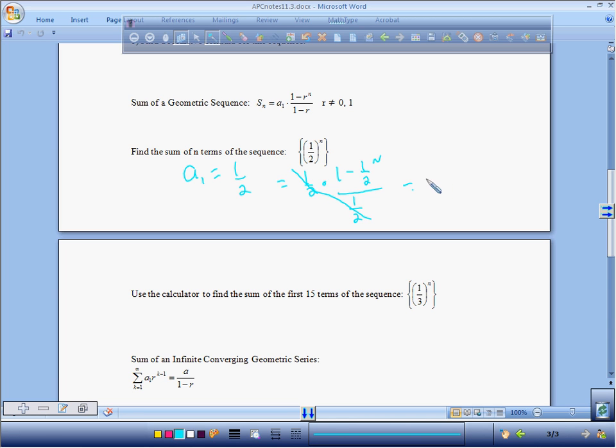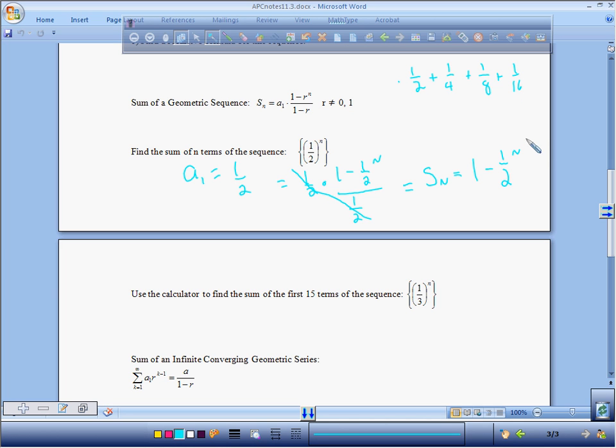And so what you end up with is the sum, which we'll call S sub n, of this particular sequence is just going to be 1 minus 1/2 raised to the n. So for instance, say I wanted to know the sum of the first terms: 1/2, that's the first term, plus 1/4, plus 1/8, plus 1/16.